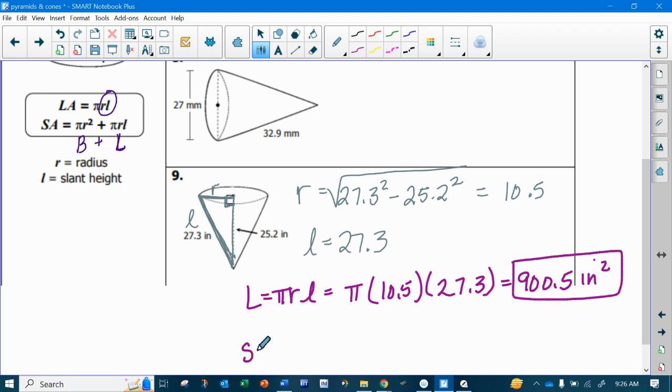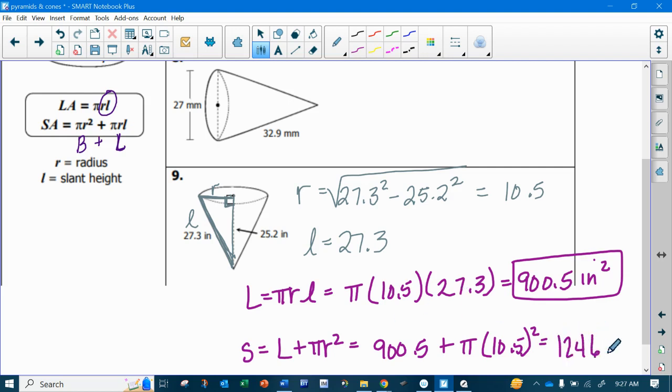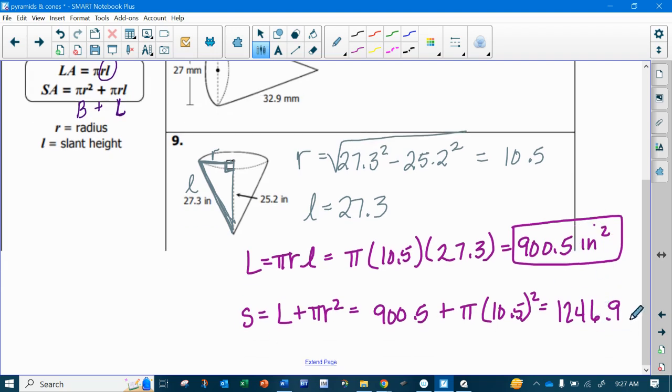And our surface area is your lateral area plus pi r squared. So 900.5 plus pi times 10.5 squared, and you get 1246.9, and that is also inches squared.